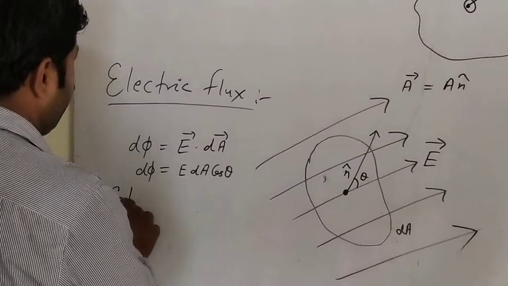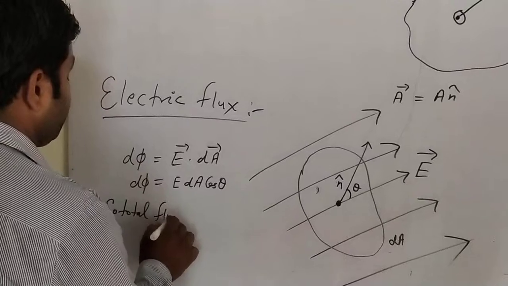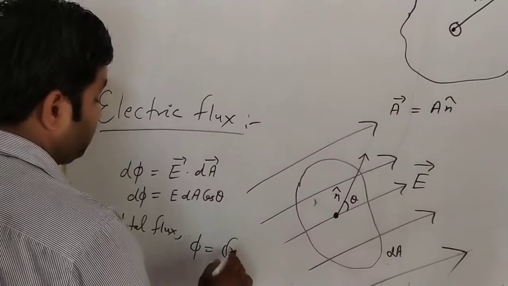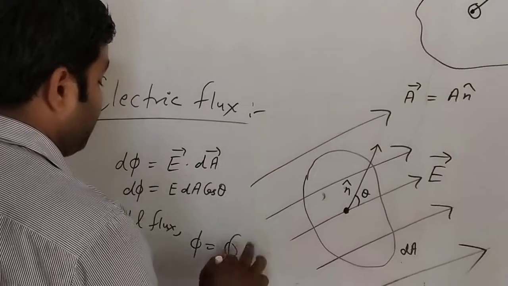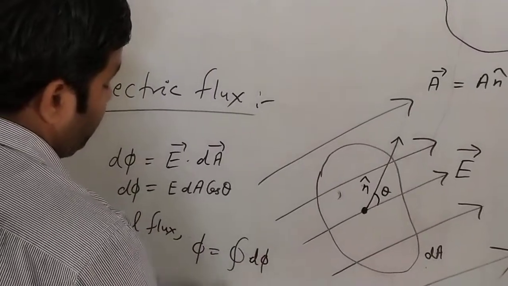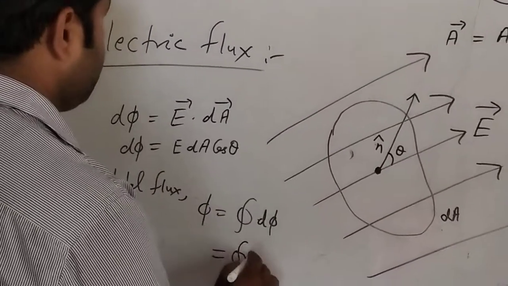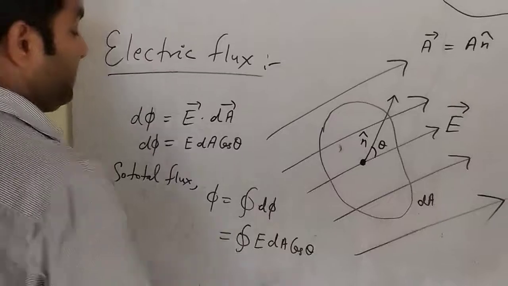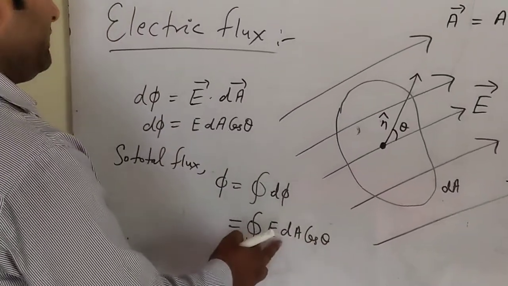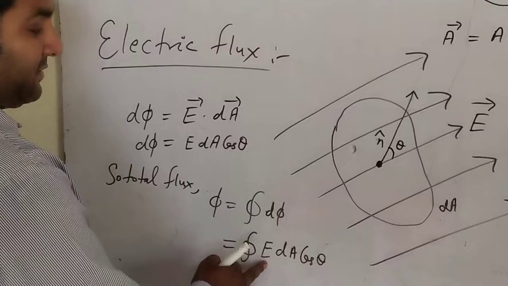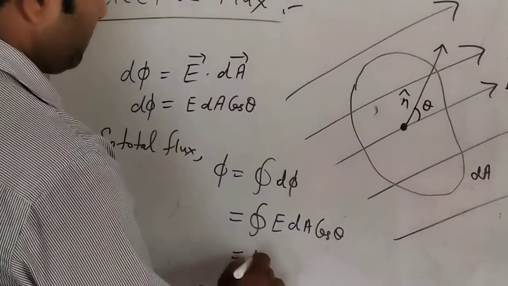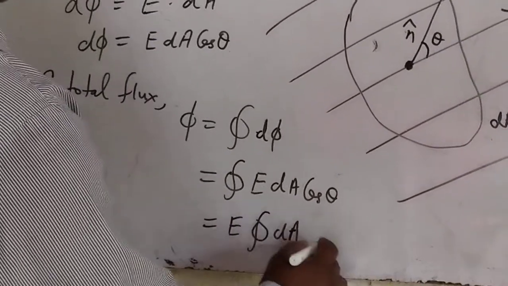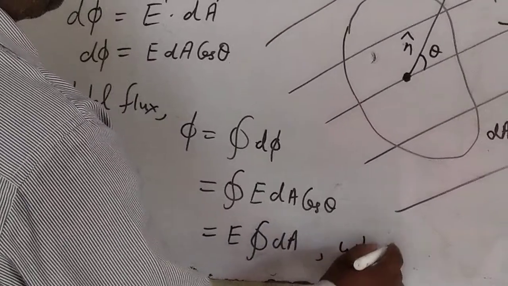So total flux phi is equal to the integration over the closed surface of d phi, or the integration over the closed surface of E dA cos theta. When theta is given, we can integrate dA, and E is constant here, so E integral dA, and here theta is equal to 0 degrees.